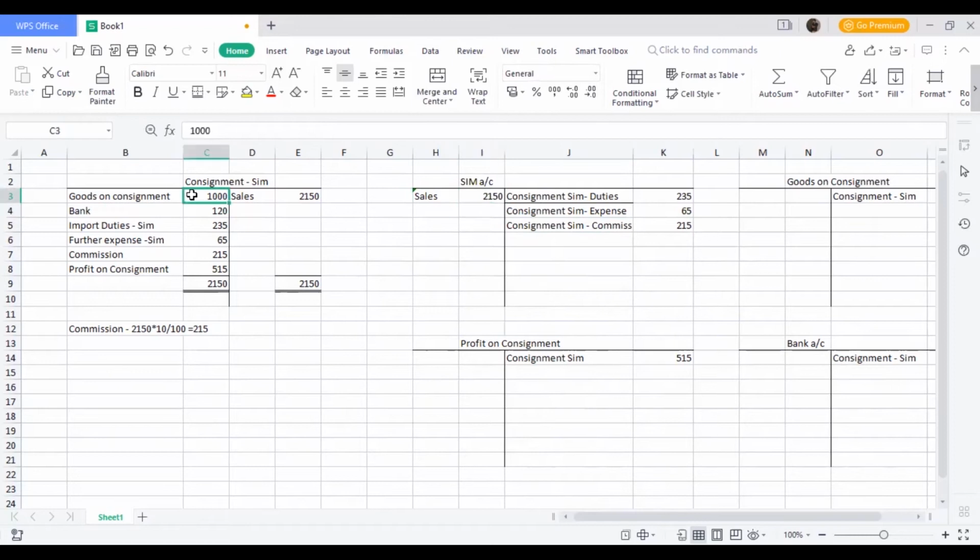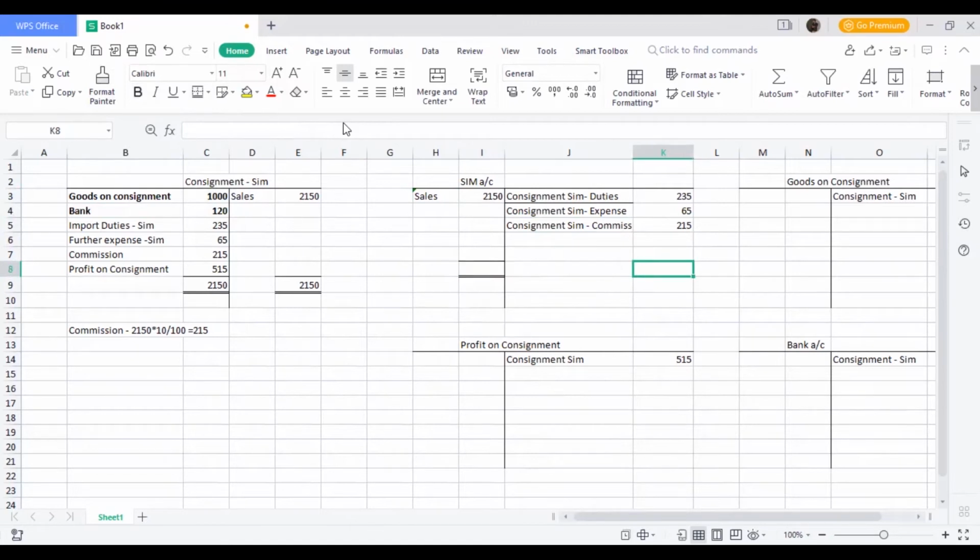Here, they don't take Ankit's cost. These are two things which were incurred by Ankit, so Ankit's cost is not taken on SIM's account, because you need to know solely what is the amount he should transfer to Ankit. So now I'm going to take the total amount on both sides and deduct to find out how much he should pay to the bank. What is the cash transfer he should make? The agent, after taking his commission, what is the money he should pay to Ankit?